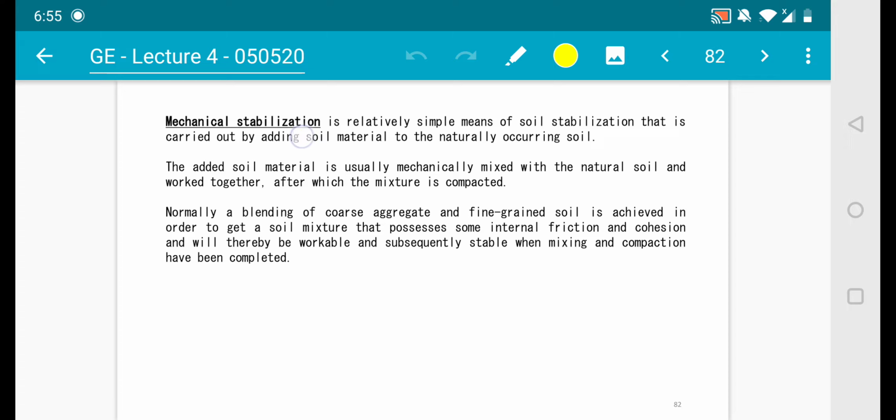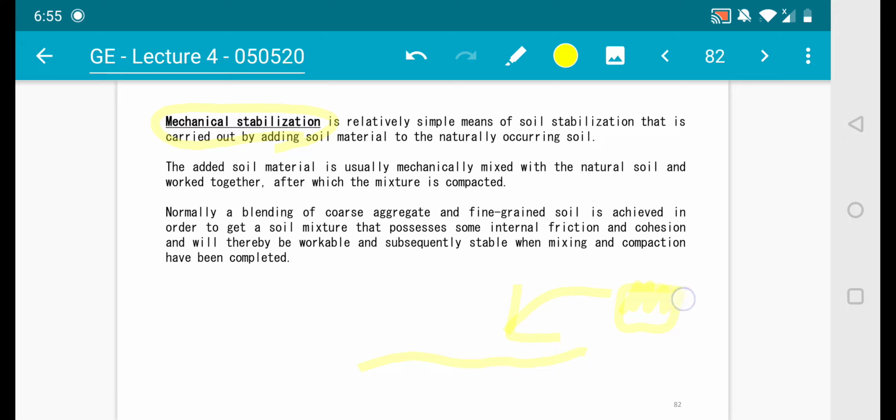Next is mechanical stabilization. This is a relatively simple means of soil stabilizing that is carried out by adding soil material to the naturally occurring soil. The added soil material is usually mechanically mixed with the natural soil and worked together, after which the mixture is compacted.